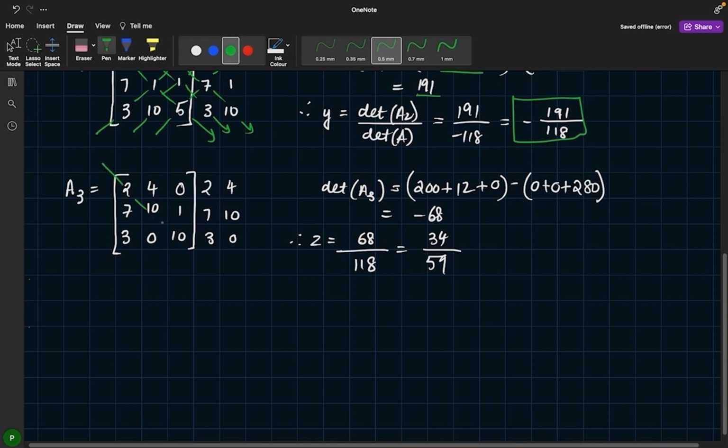And again, to find the determinant of A3, you multiply across diagonally like this, and you get this, and then you minus it from the multiplication of these, which is 3 times 10 times 0 is 0, 0 times 1 times 2 is 0, therefore 10 times 7 times 4, 280. You do this, you get negative 68, therefore z is 68 divided by 118, which is 34 divided by 59.